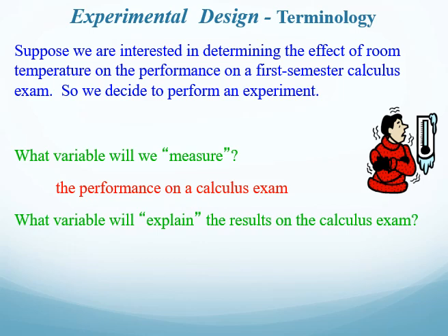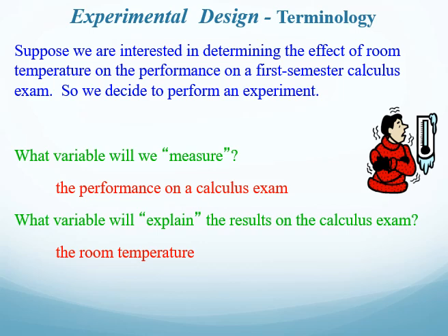All right, and then what variable will explain the results? We're investigating whether temperature affects that. So the temperature of the room is what explains the results. We think students will do better in colder rooms because they're less likely to fall asleep, maybe.